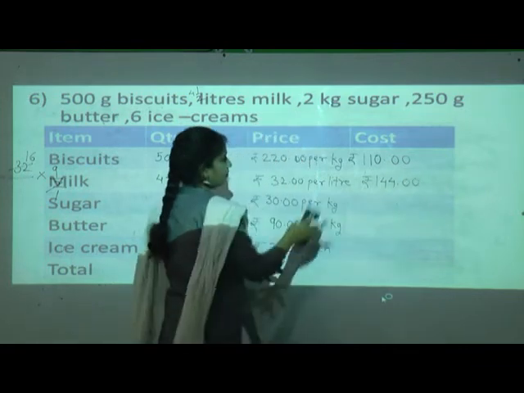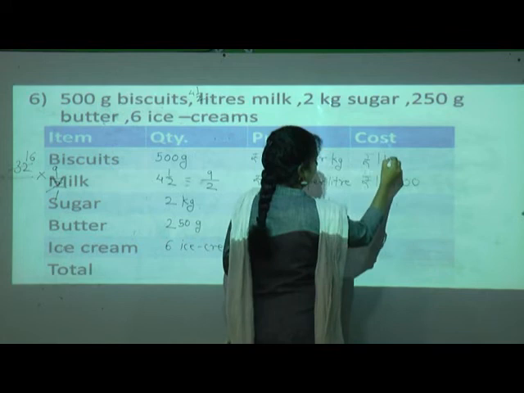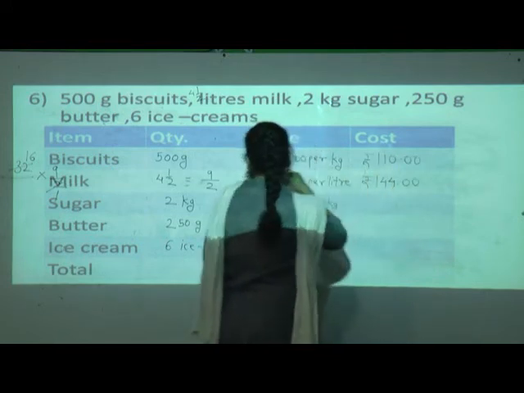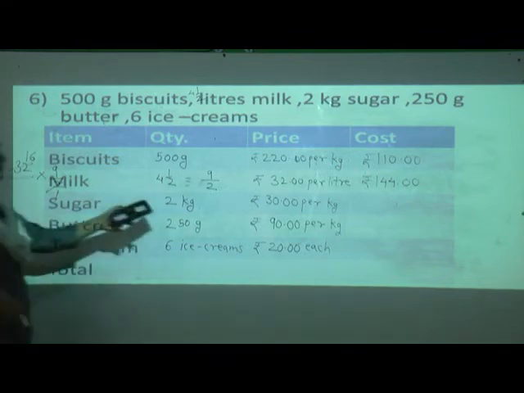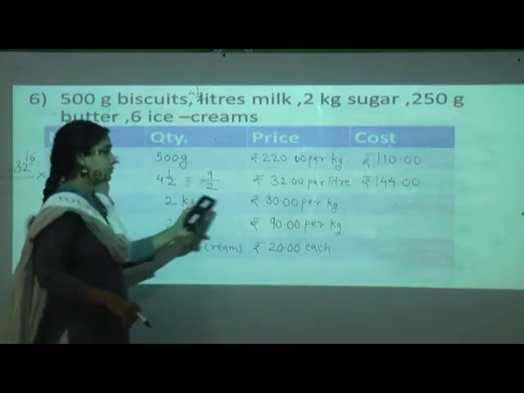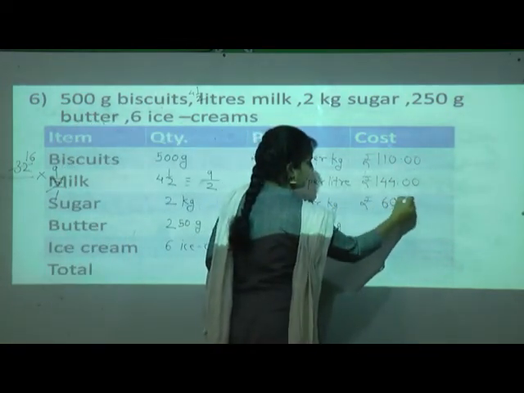Okay. Now sugar. Just multiply 30 by 2. So the answer is rupees 60.